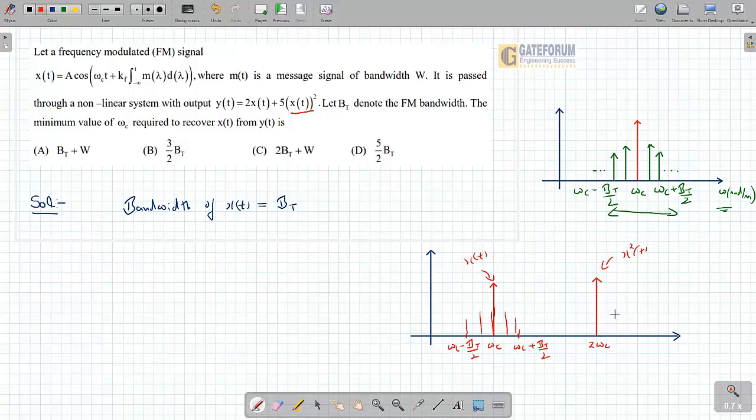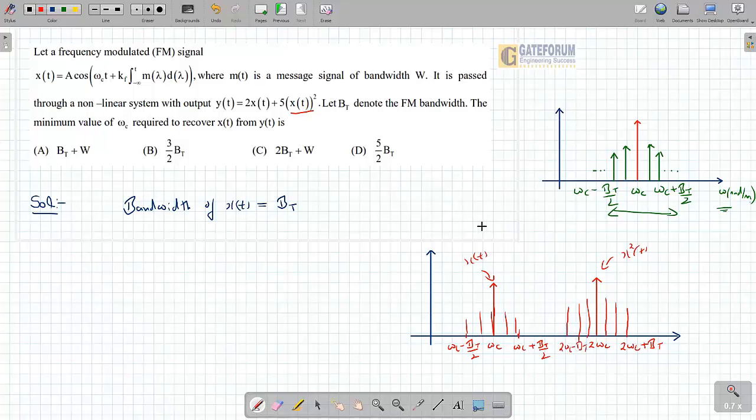Because delta f will be more here. So this will become 2 omega c plus bt, because bandwidth will become double after passing through this, and this is 2 omega c minus bt.